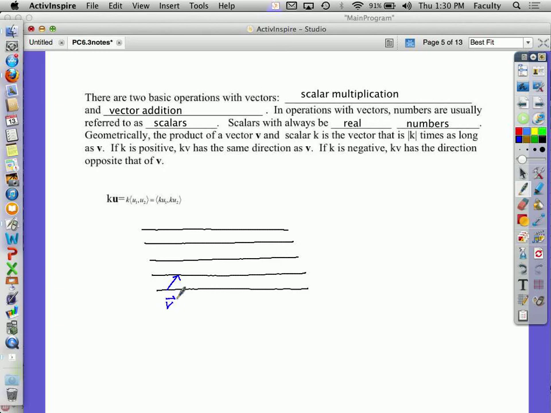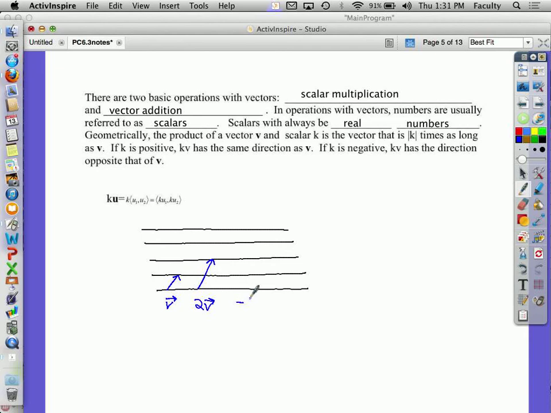All right, so let's say I have vector v, and I'm going to make it 1 space. If I want 2 times vector v, okay, so 2 is the scalar, 2 is a real number. What it's going to do is we're going to pretend that I'm doing this with the same direction. So it has the same slope, but it's twice the length.